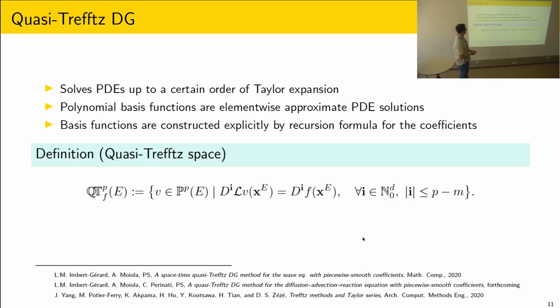Okay, so let's have a look at the first extension of the method, the quasi-Trefftz functions. So as I've been saying, if we have varying coefficients, we would run into trouble with this first approach. So what we want to do instead is look at polynomial basis functions that have a relaxed condition.